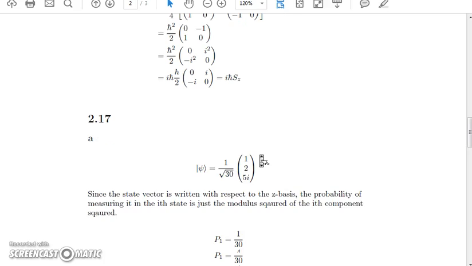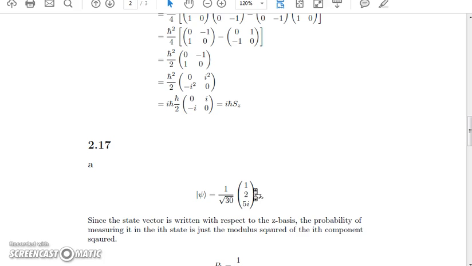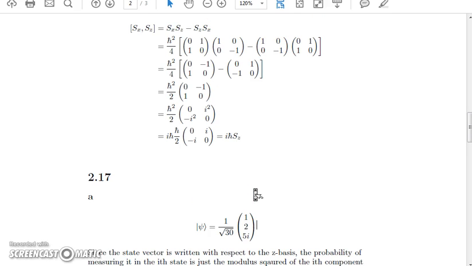In 2.17, they give us this state vector psi, written in the S_z basis, and it's a spin 1 system this time, so we have 3 dimensions. And in part A, they ask us to calculate the probability of measuring each possible state in a spin 1 system from this if we measured this psi.